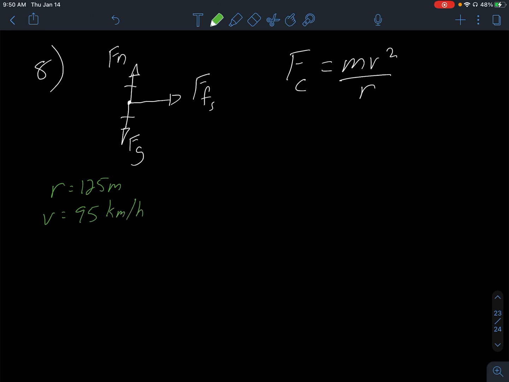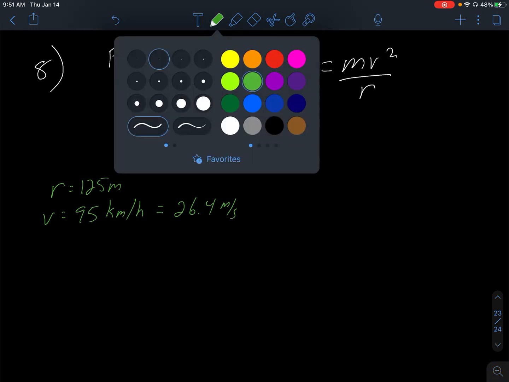So making sure our units match: since we have newtons, and there's meters per second hidden in a newton, and we also have a radius in meters, we need to convert this to meters per second. You can either do that by hand or simply do a quick Google search or use some other app to calculate that in meters per second. I think that's all the givens that we were given.